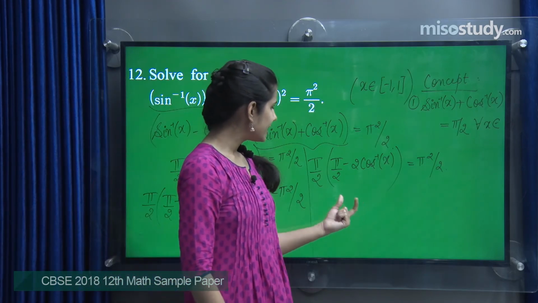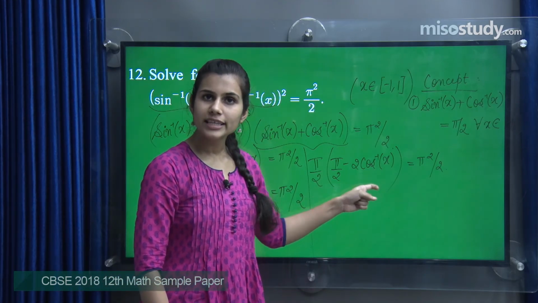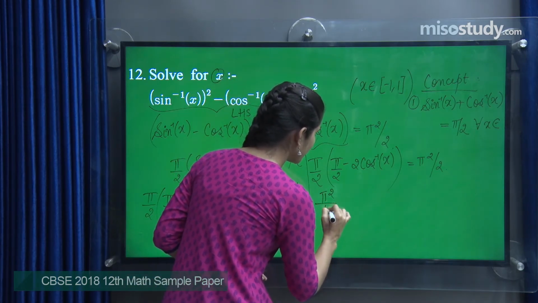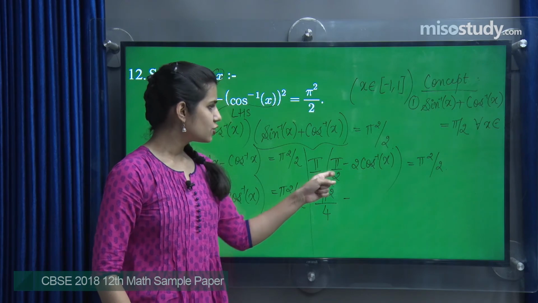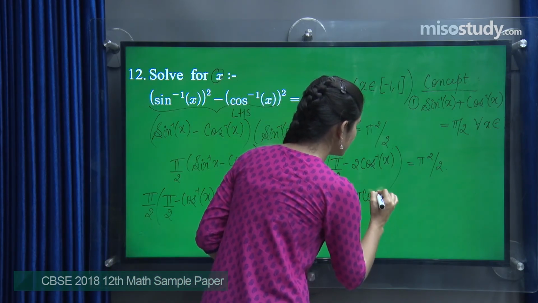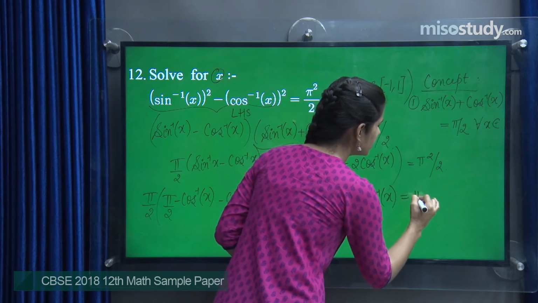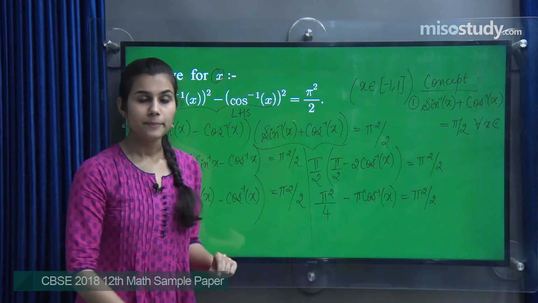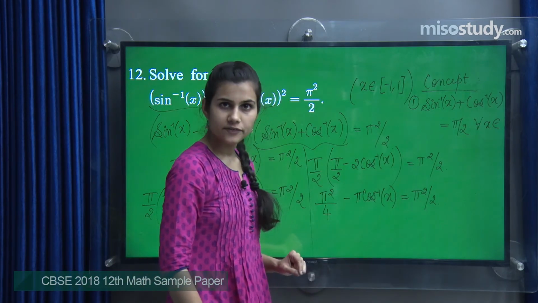Once we have simplified this, just multiply this pi by 2 to both the expressions inside the braces. You get pi square by 4 minus, this 2 gets cancelled, you get pi cos inverse x equals pi square by 2. And now you can take that cos inverse to the other side.